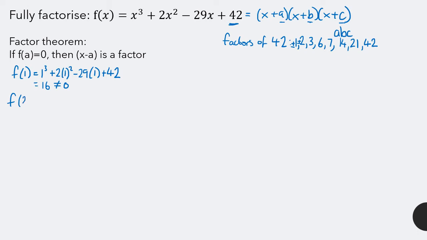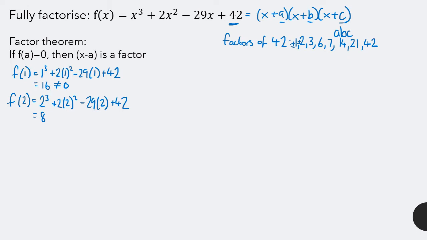Let's try 2. Now it's trial and error, so we've got to just keep trying values until we find one. But let's try 2 next. 2 cubed plus 2 times 2 squared minus 29 times 2 plus 42.